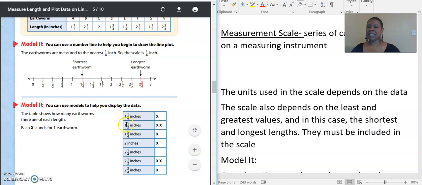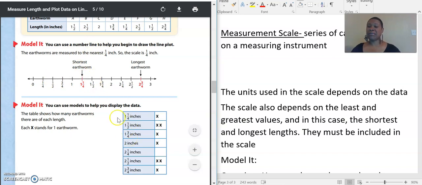The next one they want to record is 1 1/2. Here's 1 1/2. Do you see 1 there? Here's another one. So they put 2 X's there. That means there are 2 earthworms at that same length of 1 1/2.